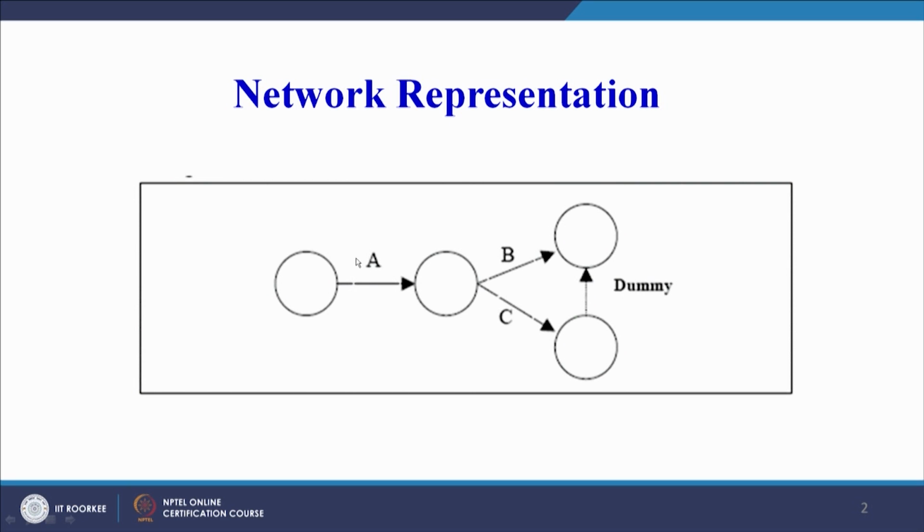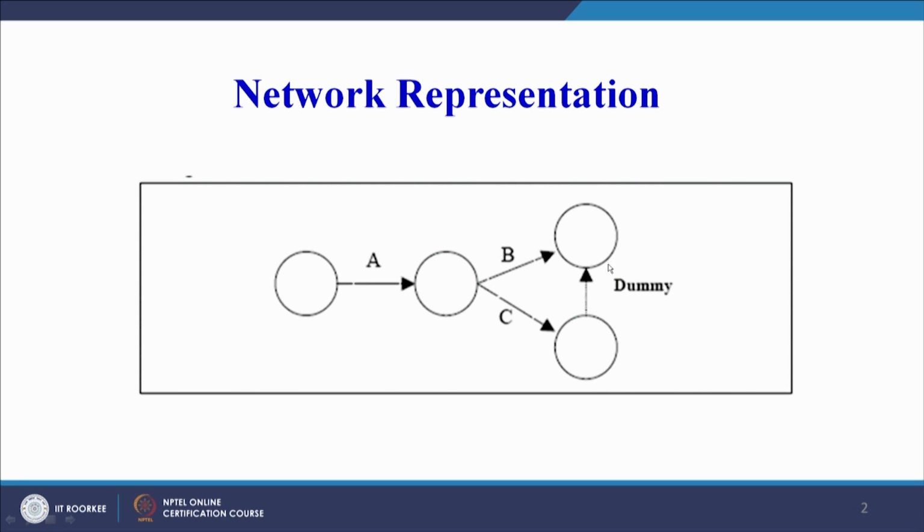Then activity A is taking place. Definitely it will require some time and resources. This second event circle represents the completion of activity A and the beginning of activity B and activity C. And this particular node is the last node because from here no other activity is emanating or starting.